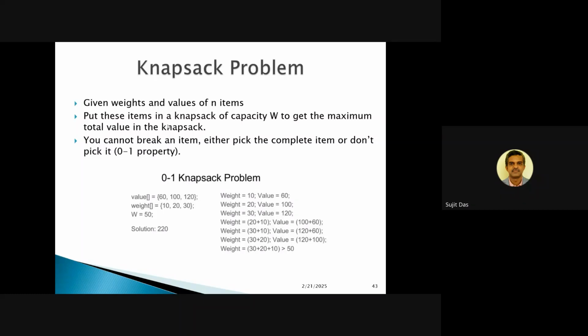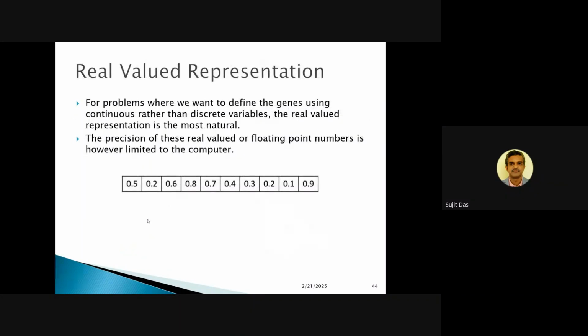If two values will be there, then those problems are well suited to be represented using this binary encoding technique. This is the very well known 0-1 knapsack problem. Whatever I mentioned here, the same is written in a numerical example.